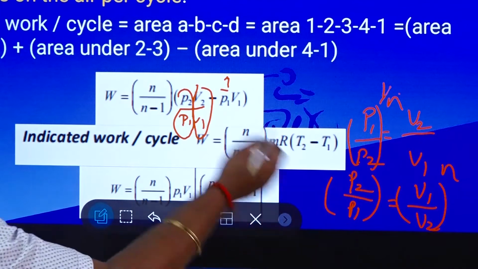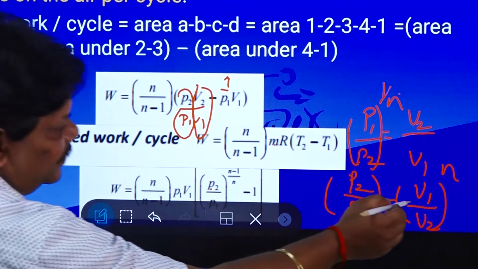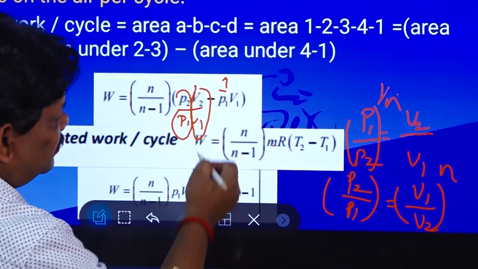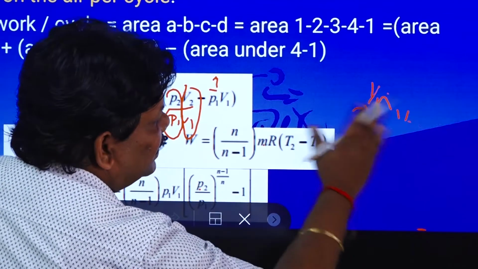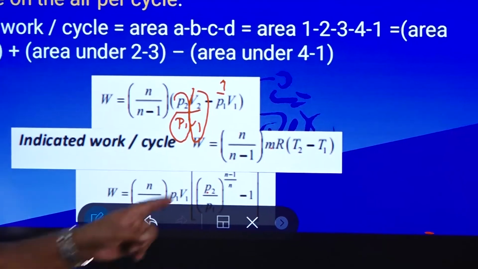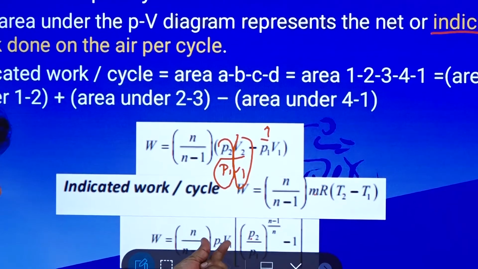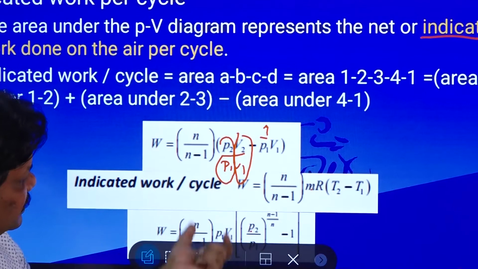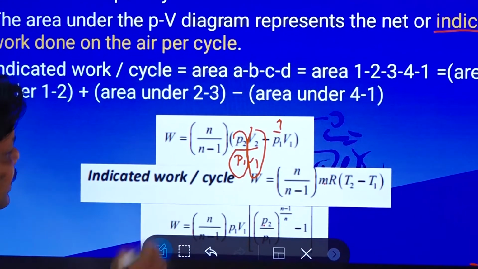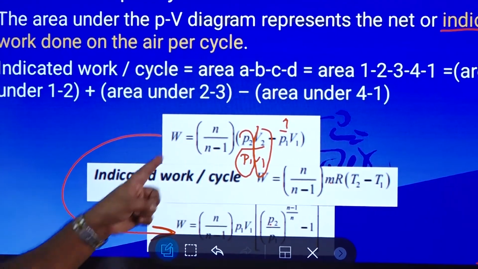Substitute that value for V1 by V2 or V2 by V1 here and simplify, and you will get P2 by P1 whole power n minus 1 by n. This equation is arrived at from that equation.